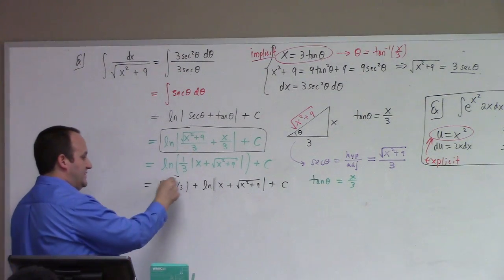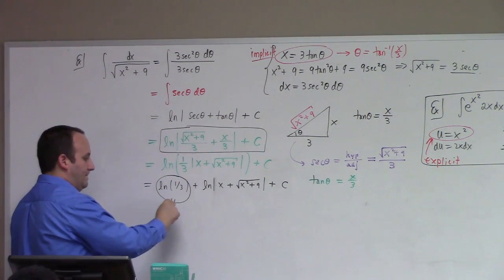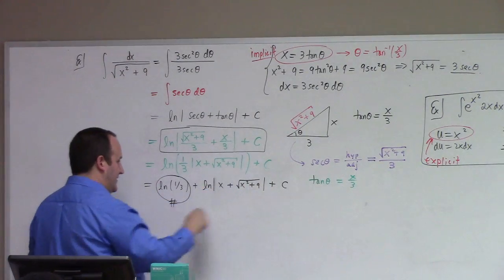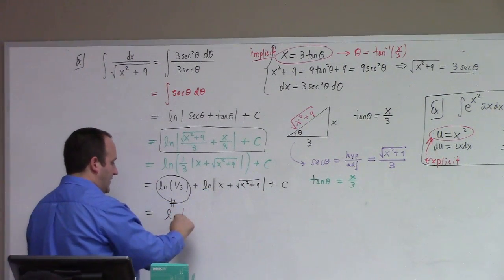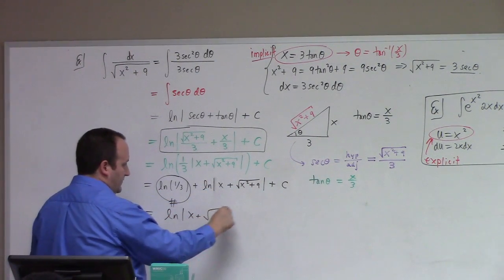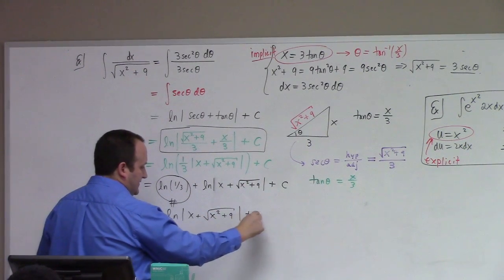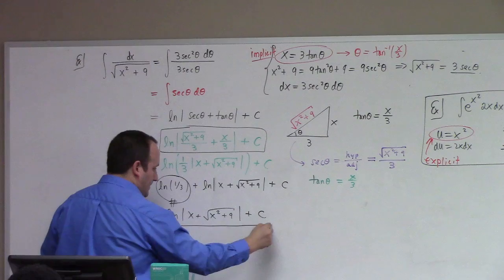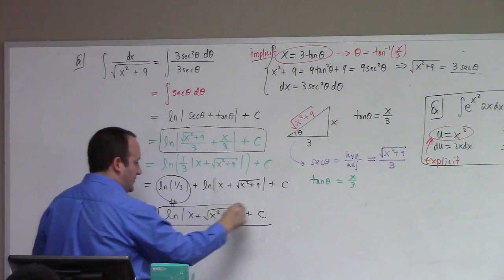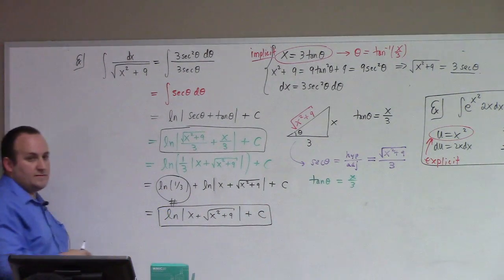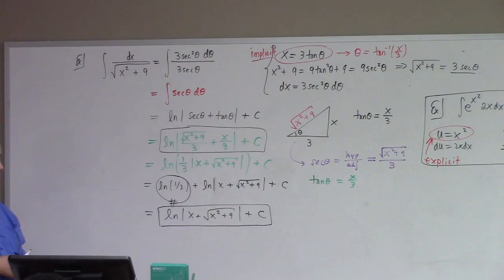So what you can do is, this is just a number, right? So you can just lump that into the constant, and a good answer is this: natural log of the absolute value of x plus the square root of x squared plus 9, plus a constant. There you go. I don't think anybody can argue with that answer. That's a fine answer.